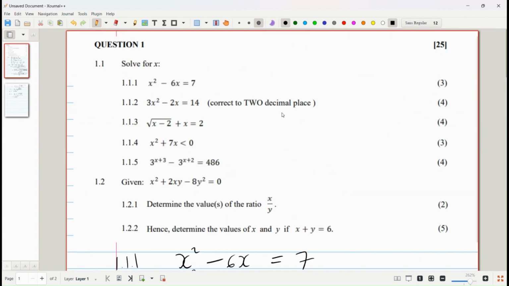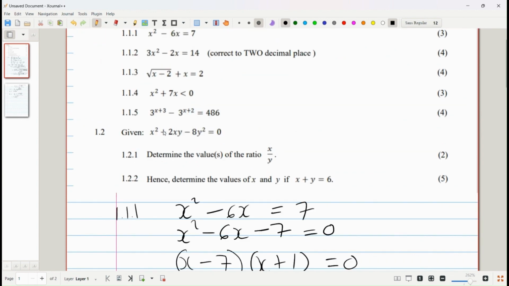So the next question, it's 1.1.3. You have square root of x minus 2 plus x equals to 2.